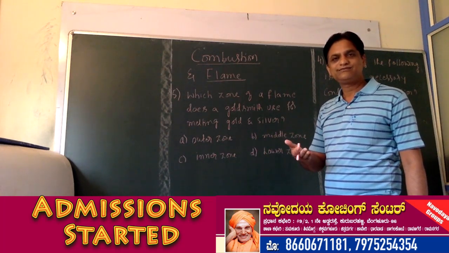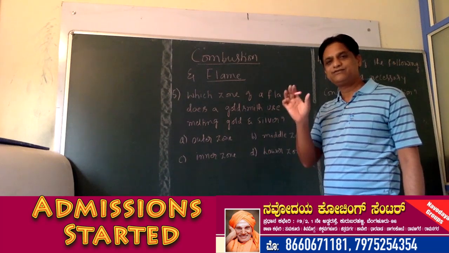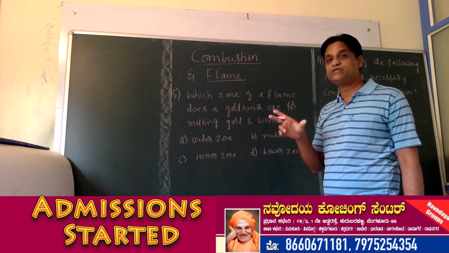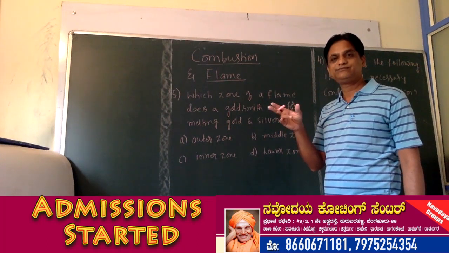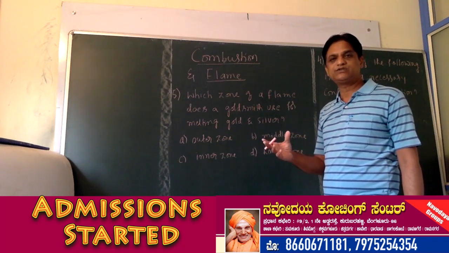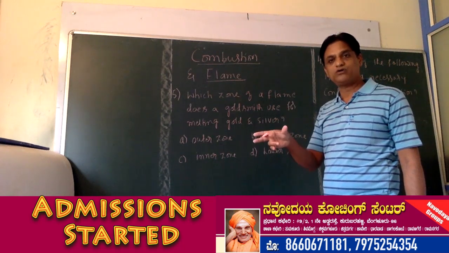According to the concept we have learnt, when we take the zones of a flame, the outer zone always produces high temperature compared to the middle zone and inner zone. Suppose he uses the middle zone or inner zone, the time required for melting will be more.